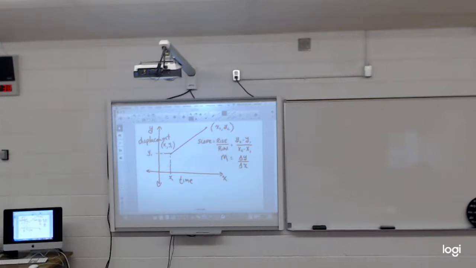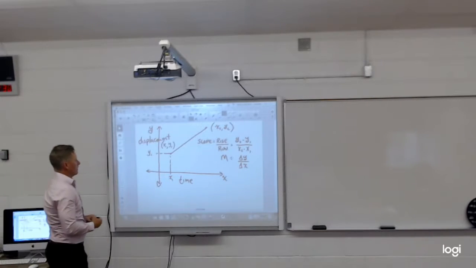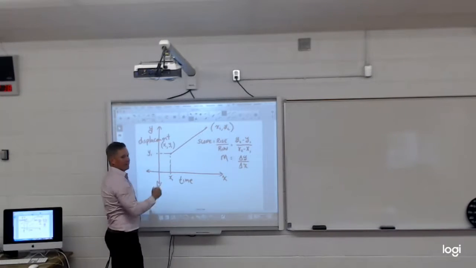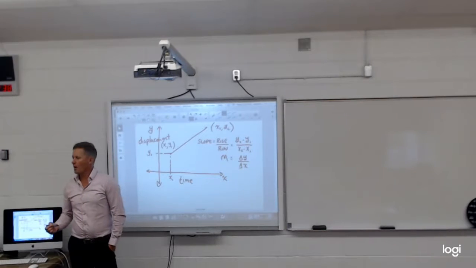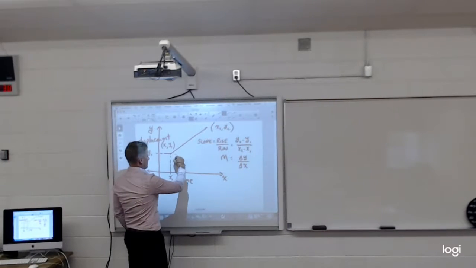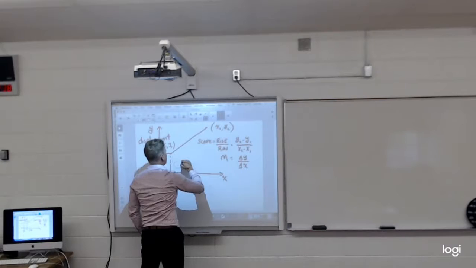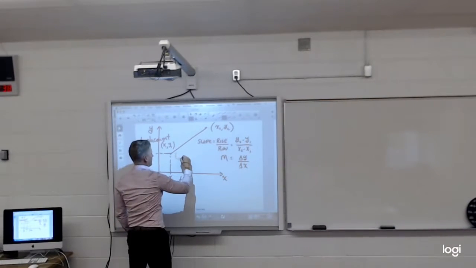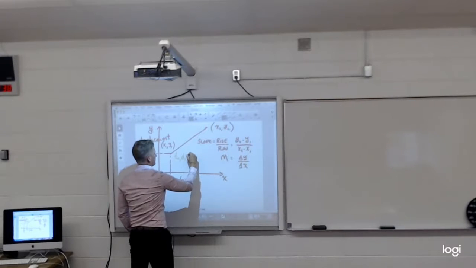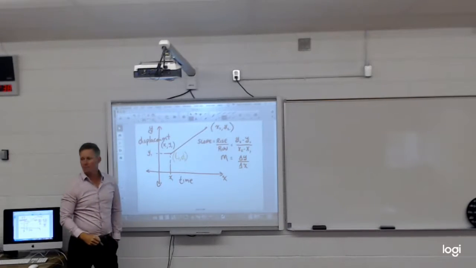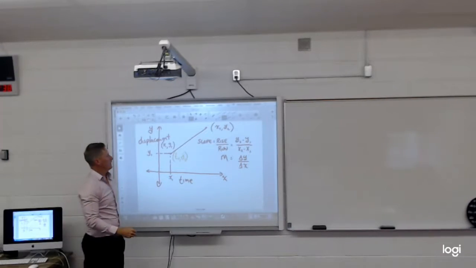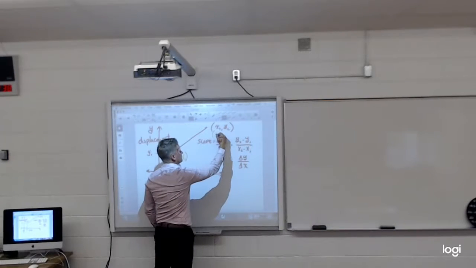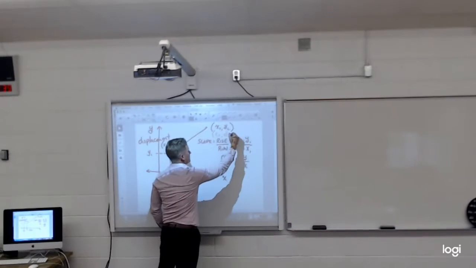So instead of x1, y1, I'm going to change colors: that's time 1, d1, my x and my y. And over here, time 2, d2.